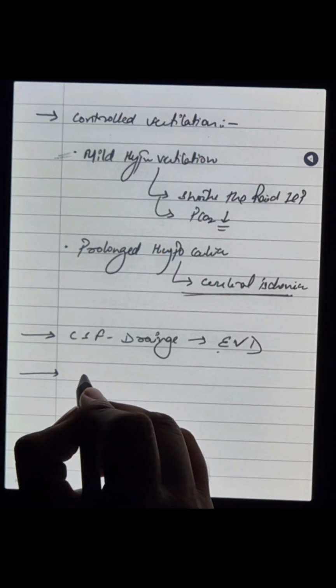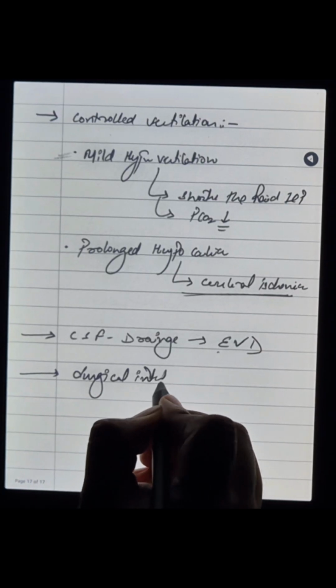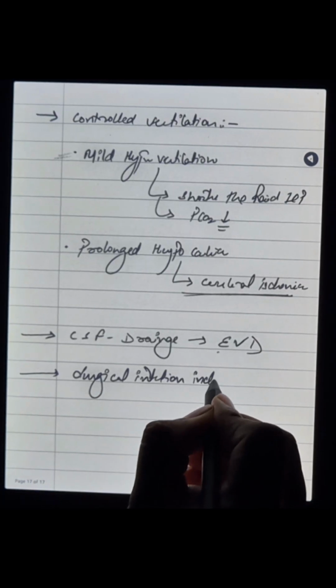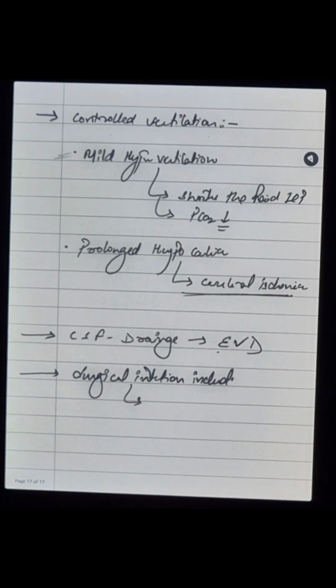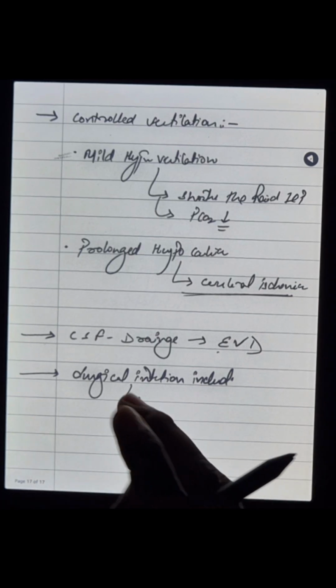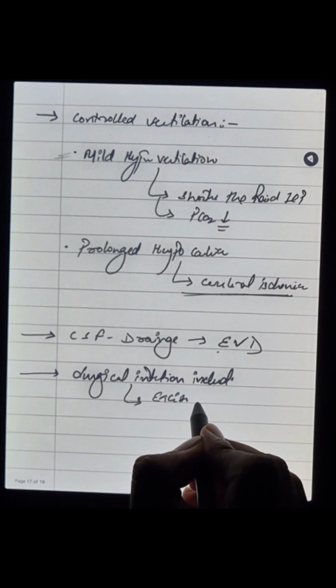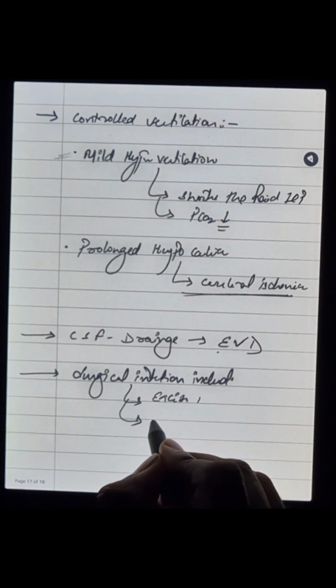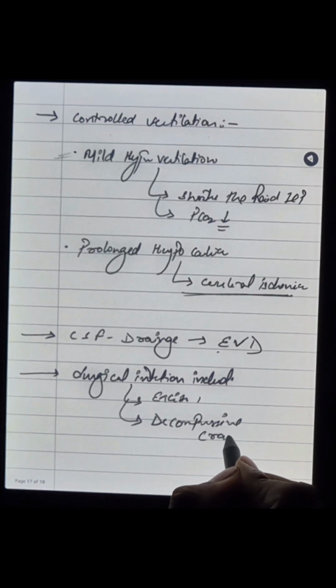And surgical intervention includes, if there is a hematoma or a tumor or compressing features or mass effect, then we have to excise it. Or we have to do a decompressive craniotomy.